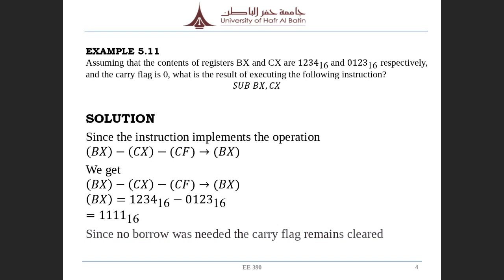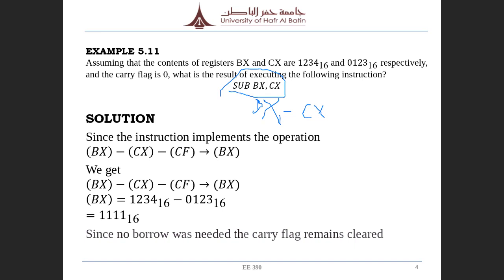Now look here. If we use a subtraction like SUB BX, CX, that means BX minus CX. What is BX? 1234. What is CX? 0123.